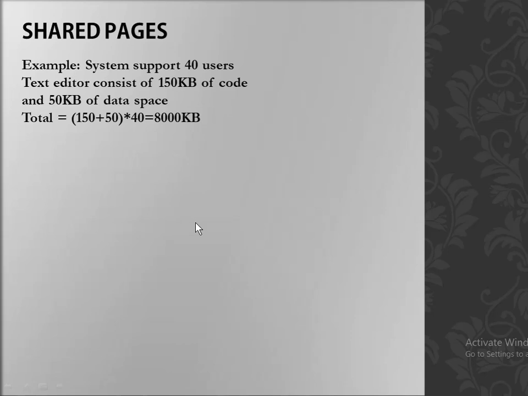No, right? For that reason, the text editor code, that 150 KB, is common to all 40 users. Only the data space varies from one user to another. We need to keep only this concept in mind.